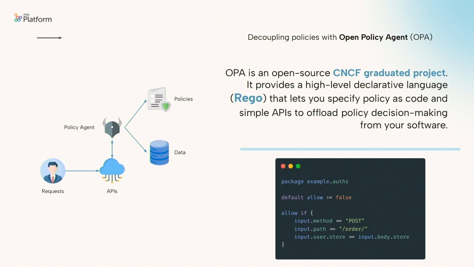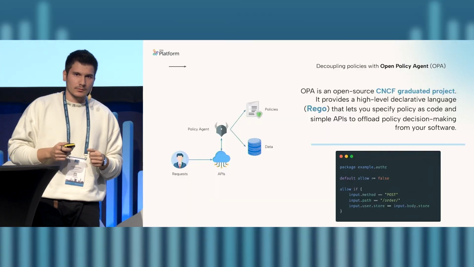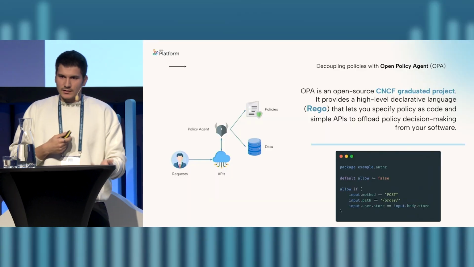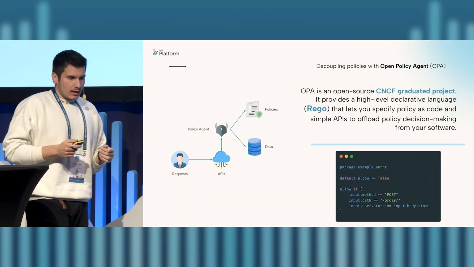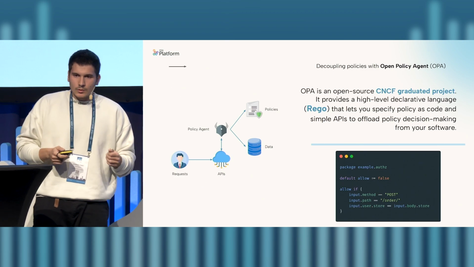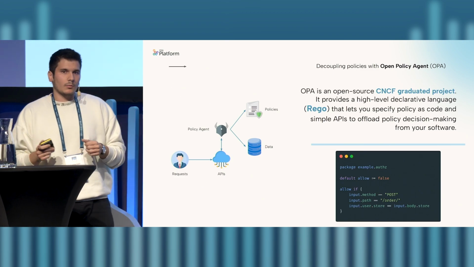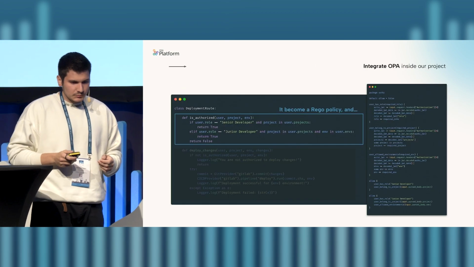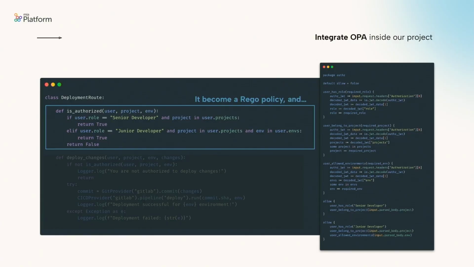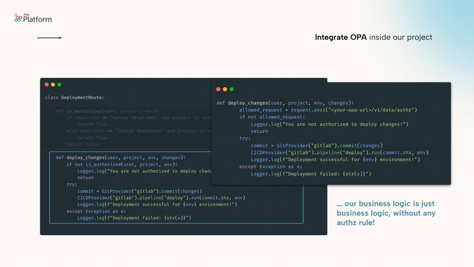A high-level declarative language, which is called Rego, and we can use it to write our policy, and an API to offload a policy decision from your systems. In this way, the code related to authorization becomes Rego policies, and your business logic remains business logic in your application core components.